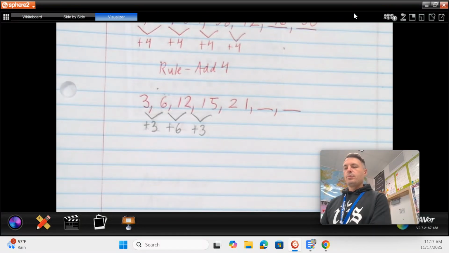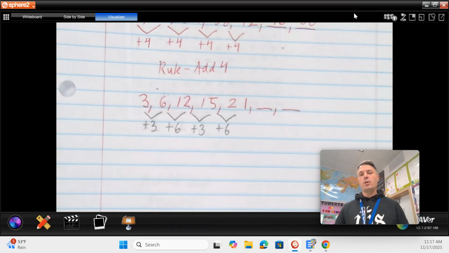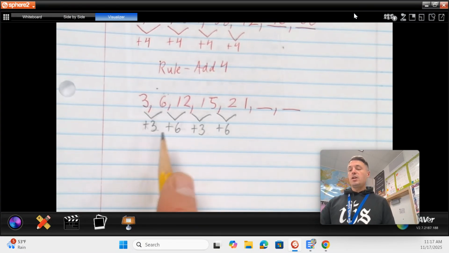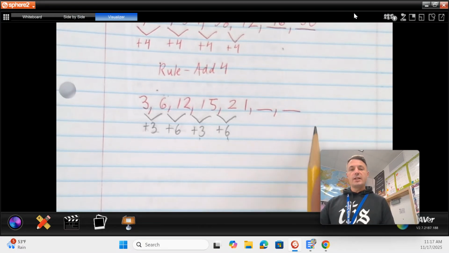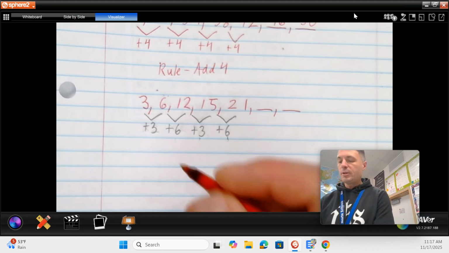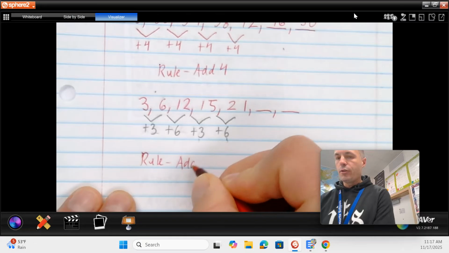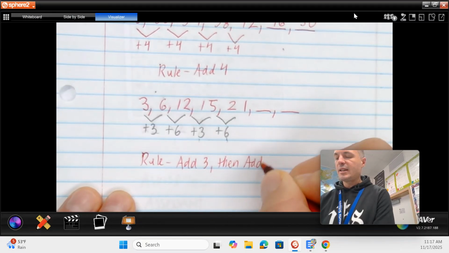And then what plus 15 equals 21? Well, 15 plus 6 equals 21. And hopefully you see that that is a pattern there. Plus 3 plus 6, plus 3 plus 6, plus 3 plus 6. So the rule here is a little bit more complicated. The rule is add 3, then add 6.